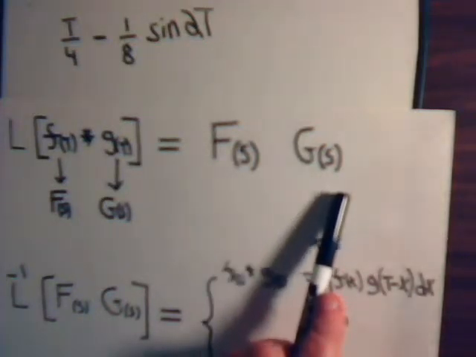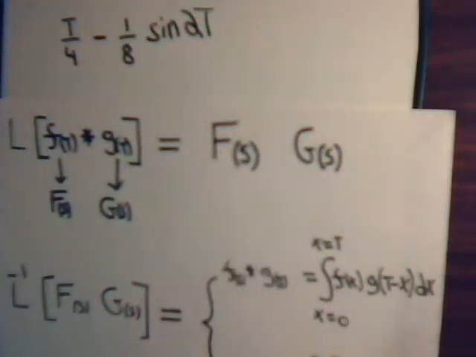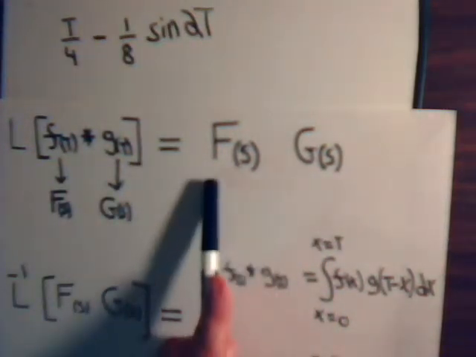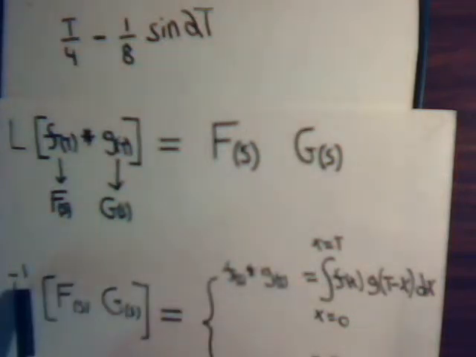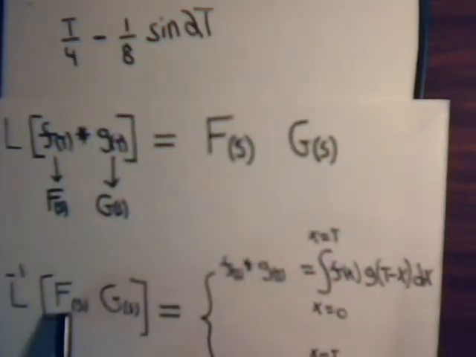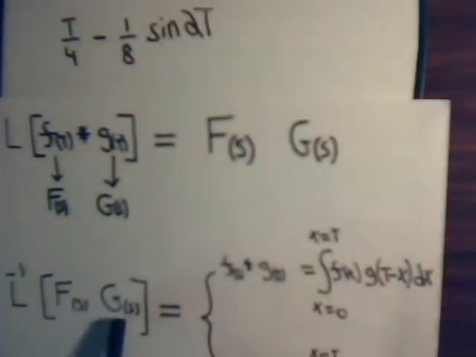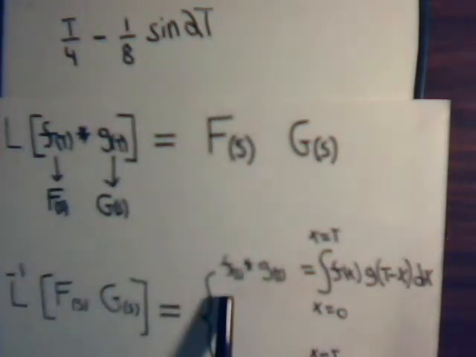Or if we take the inverse Laplace transform of each side of this equation, we'll have the inverse Laplace transform by multiplying two Laplace transforms together. Take the inverse. The answer that you get is the convolution of their respective functions, f of t, g of t.